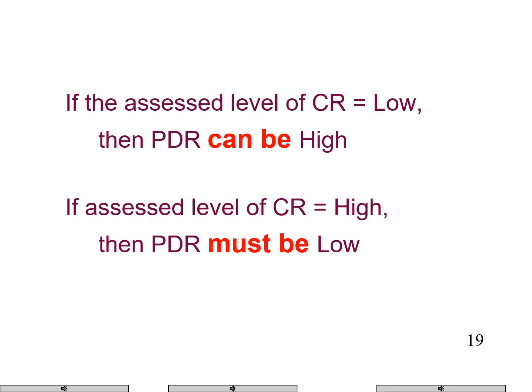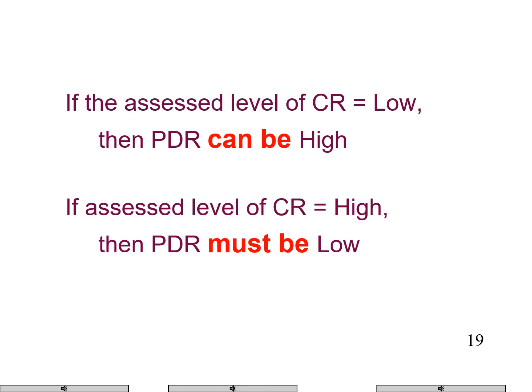Notice the wording here. If the assessed level of control risk is low, if their controls are effective, then plan detection risk can be high. If the assessed level of control risk is high, then plan detection risk must be low. I want you to think, why does it say can be in the first case and must be in the lower case?